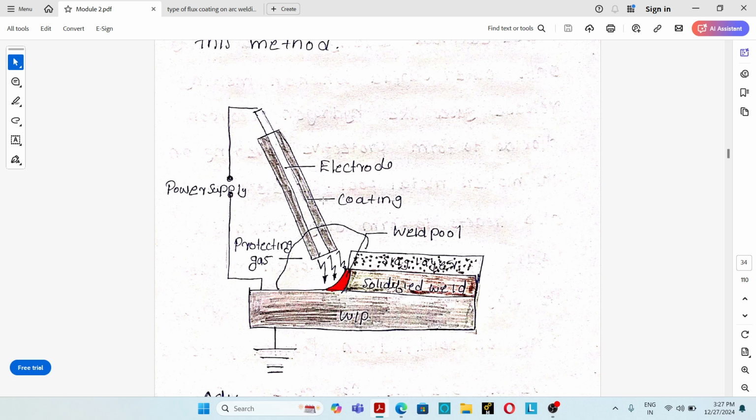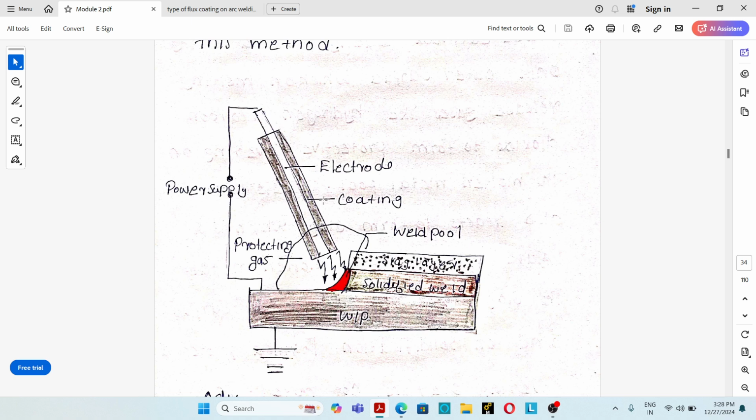No additional filler material is required. The flux coated over the electrode undergoes a chemical reaction and produces hydrogen and carbon dioxide that provide a protective cover over the weld pool and separate it from the surrounding atmosphere.